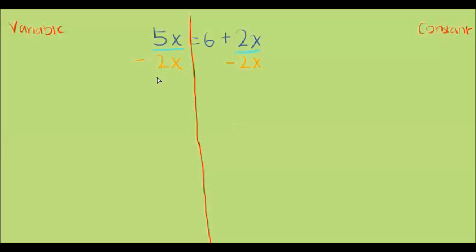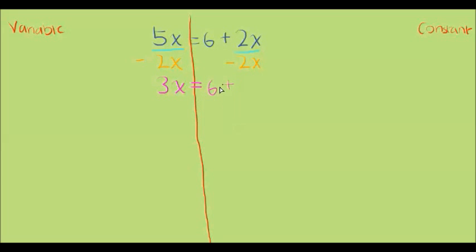Now, let's just solve it. 5x minus 2x is 3x. When you're subtracting like variables, you subtract the coefficients in front of the variable, and then write that variable in. So we got 3x is equal to 6. We didn't do anything to 6, so we don't have to worry about it.